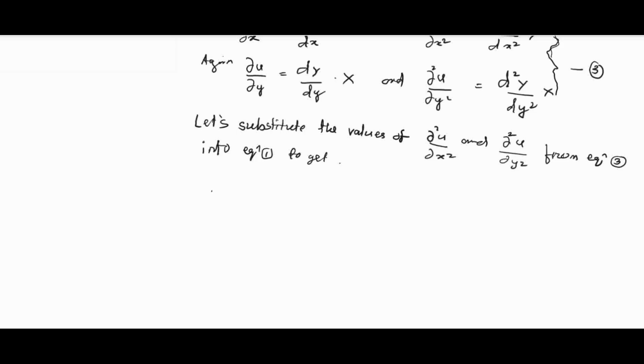We will get d square X by dx square Y plus d square Y by dy square X equal to 0. In the next step, let us eliminate this Y from the first term and this X from the second term in order to make the terms independent of other variables.